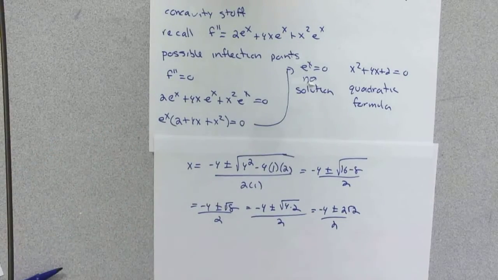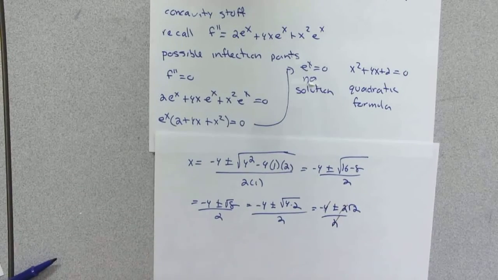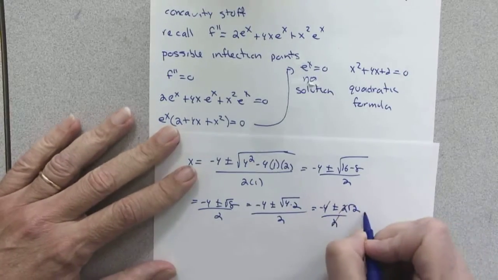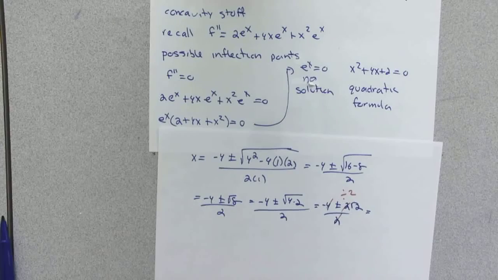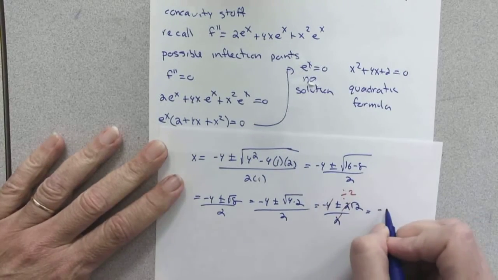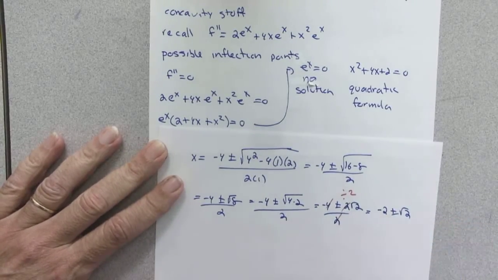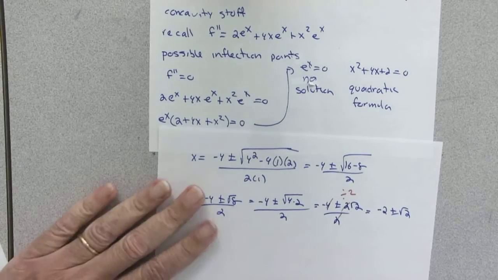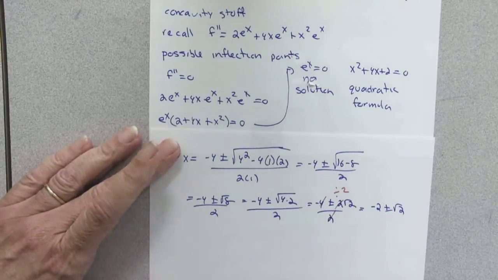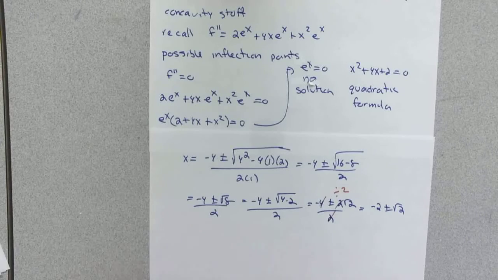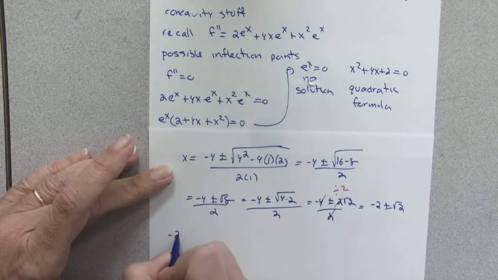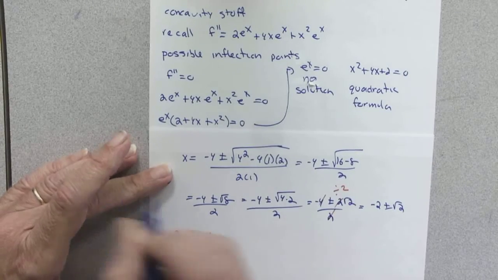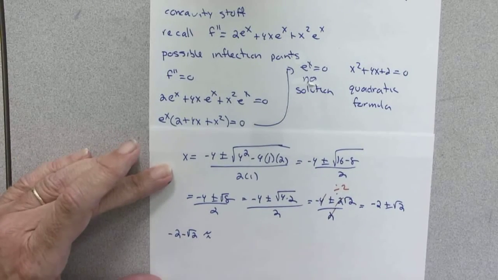And notice now I'm going to divide everybody by 2. So I get -2 plus or minus square root of 2. And so there are my possible inflection points. And again, because we're graphing, and none of us want to graph those numbers, get some decimal equivalents here.